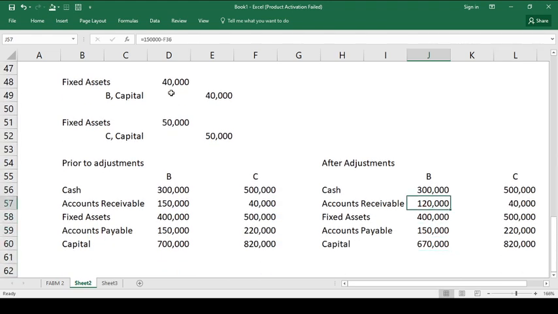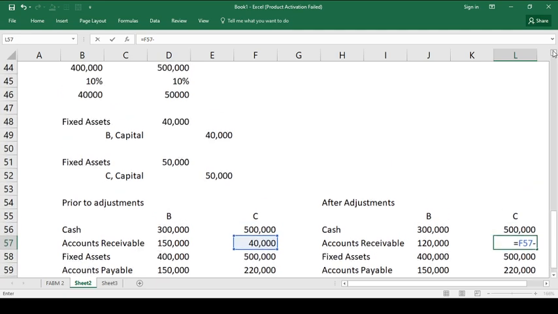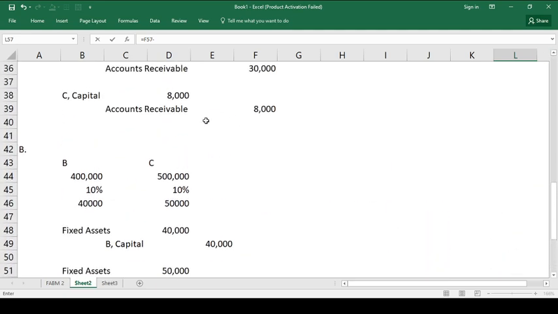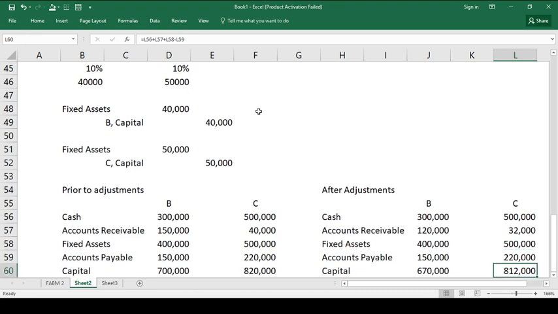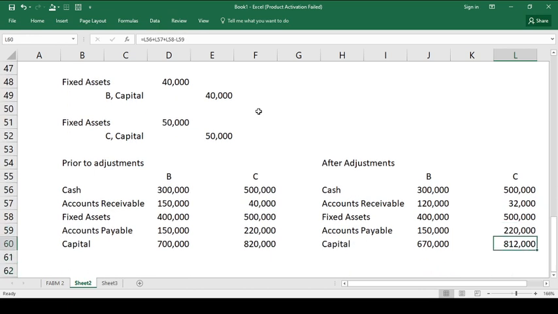How about on accounts receivable of C? Ganun rin, 40. Babawasan din natin ng 8,000 kasi yun yung adjustments. So, magiging 812 na lang. Yung C capital, or simply 820 minus the 8,000 na adjustment, 812.